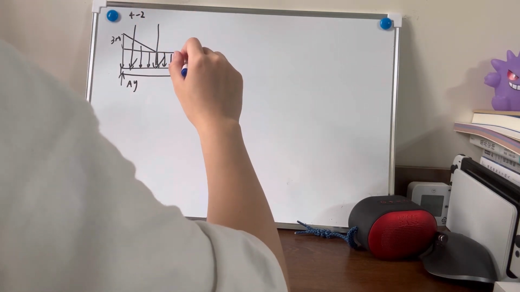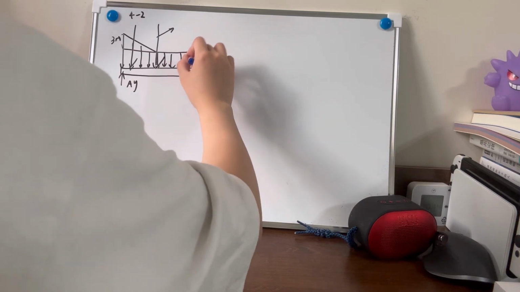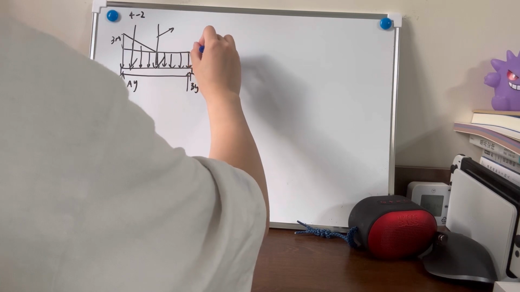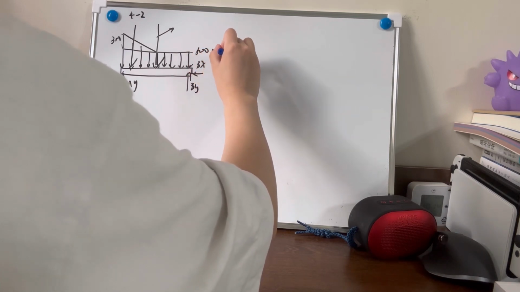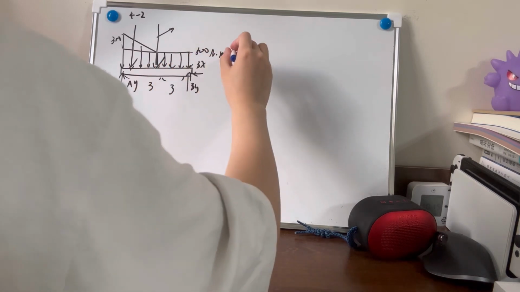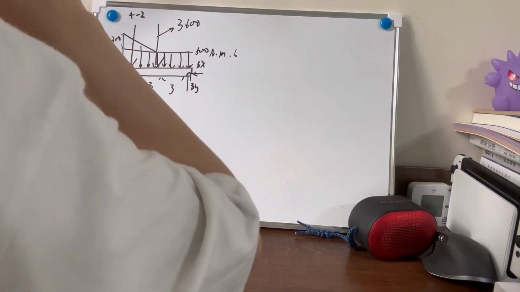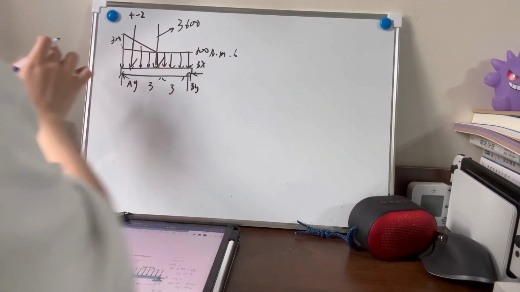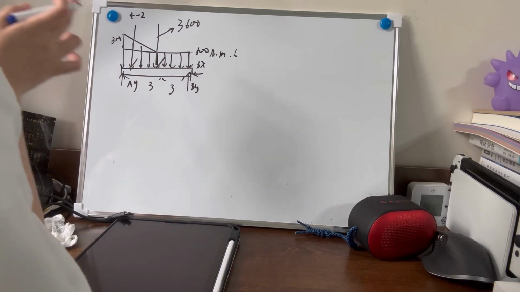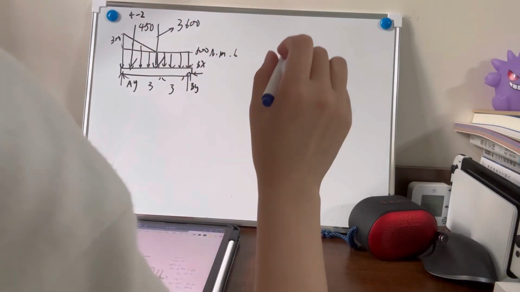So this force is like this: 600 times 3 plus 3 is 6, times 6, is 3600, and this force is 300 times 3 divided by 2, so it's 450 here.